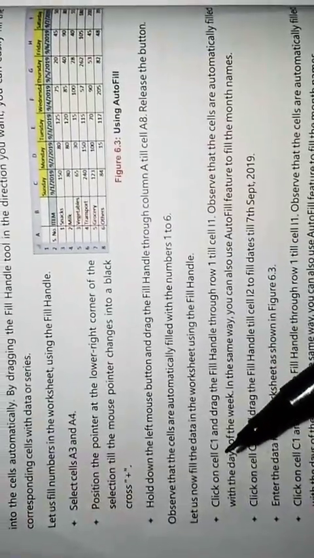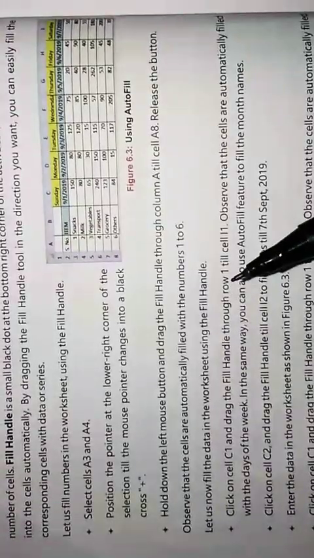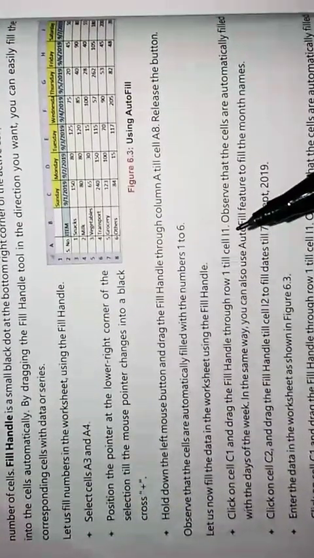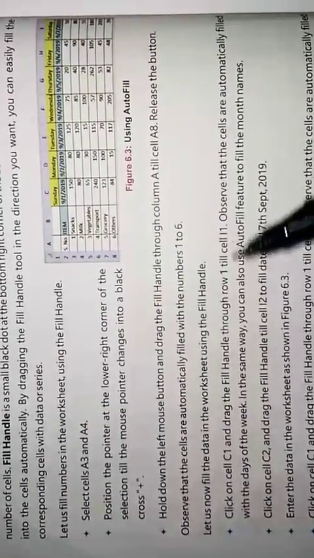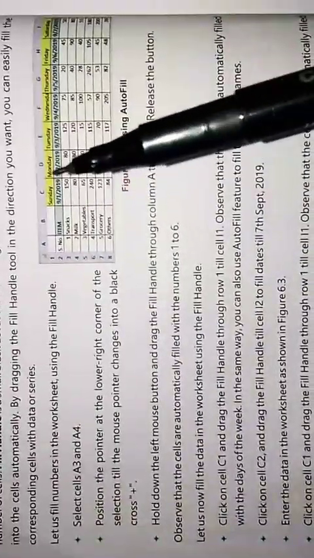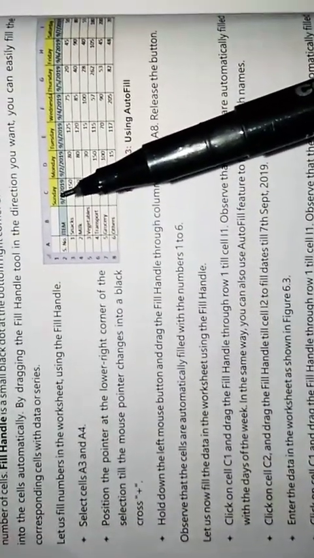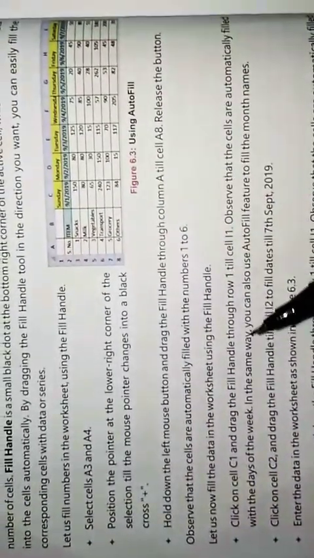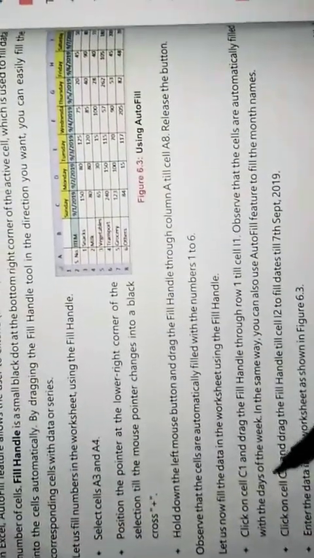Click on cell C1 and drag the fill handle through row 1 till I1. Here is C1, in which Sunday is written. Observe that the cells are automatically filled with the days of the week.